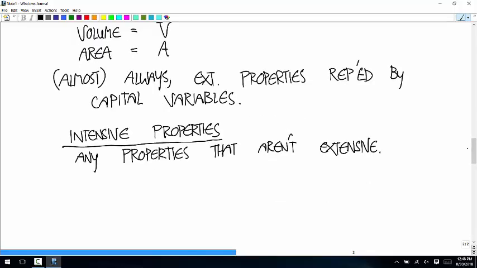And those are ratios of an extensive property divided by some other, I guess it's a ratio of two extensive properties.